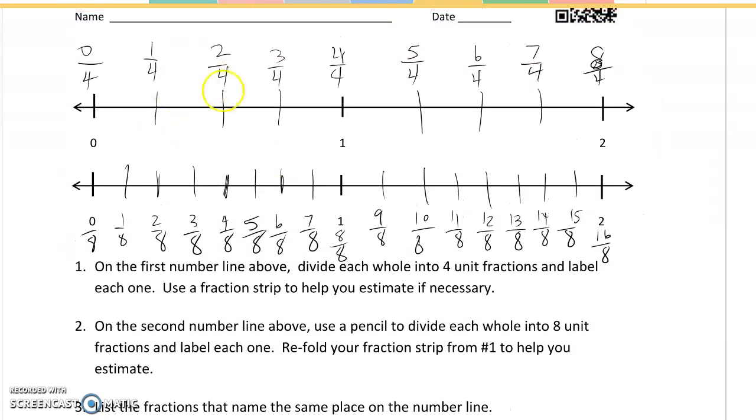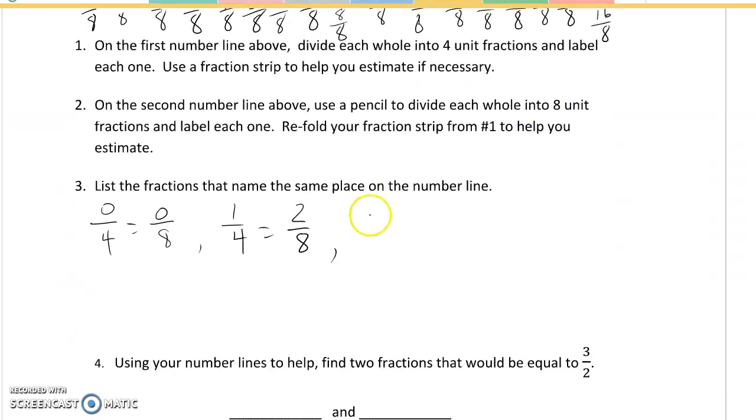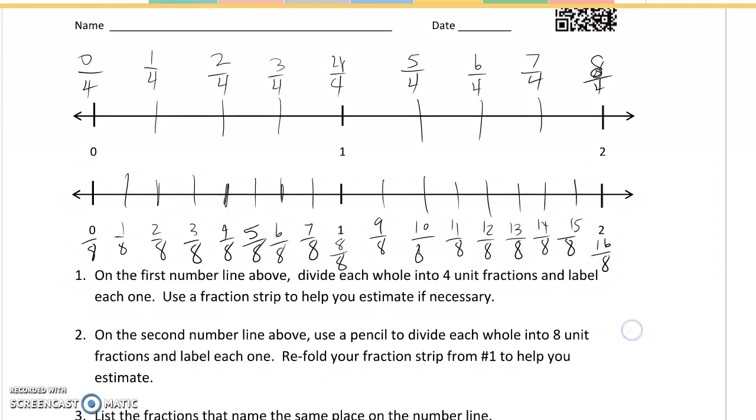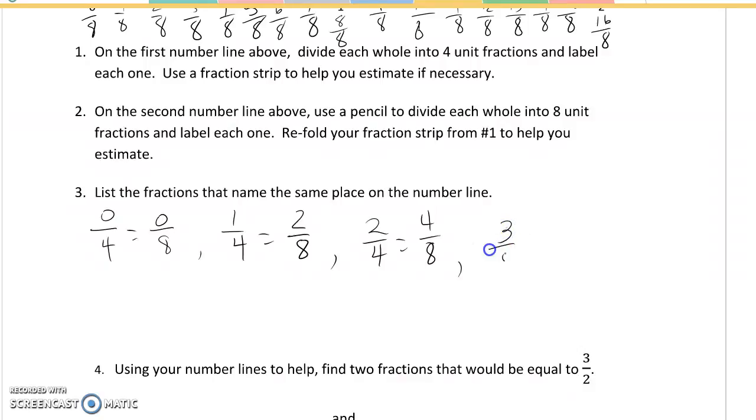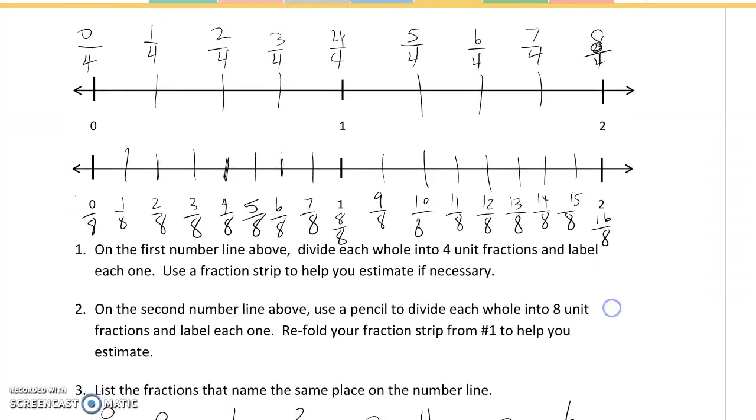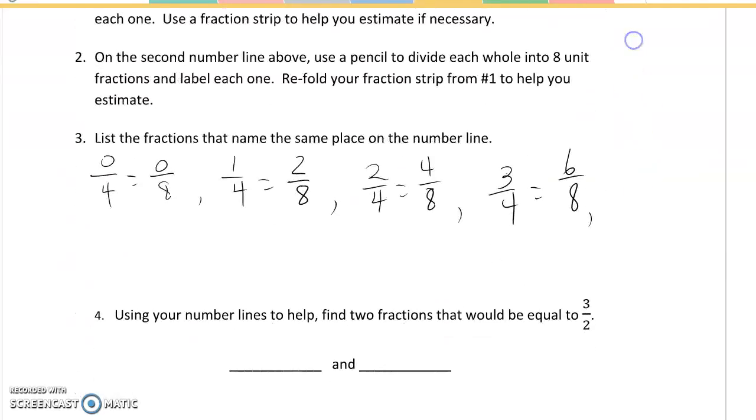What's our next fourth? 2/4 has a match right underneath at 4/8. So 2/4 equals 4/8, comma. Go to 3/4. That has a match at 6/8. So I'm going to write 3/4 equals 6/8, comma. 4/4 is equal to 8/8.